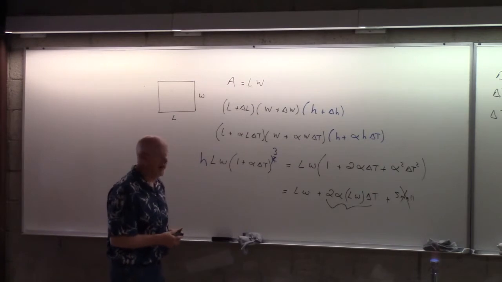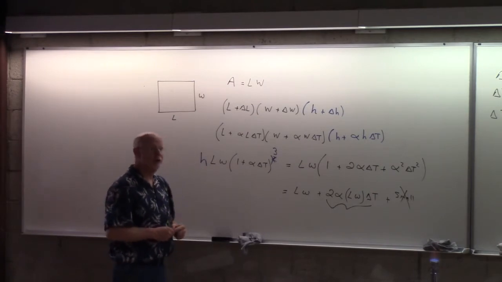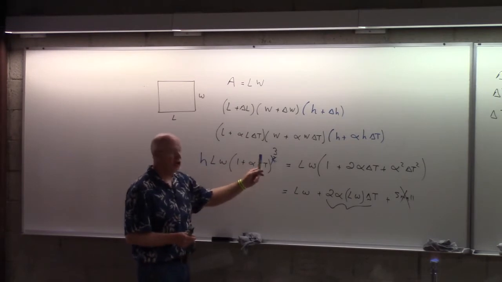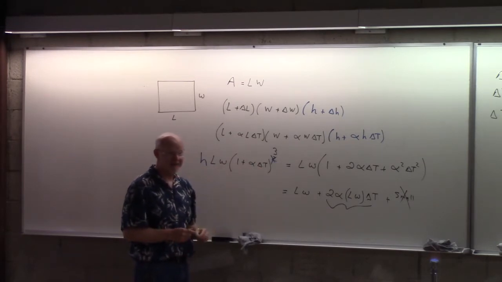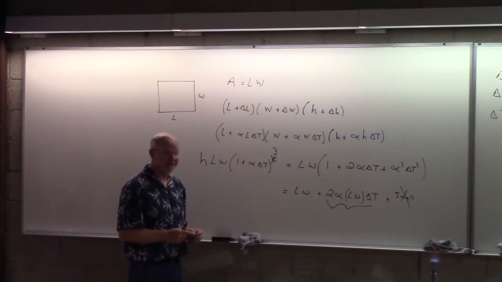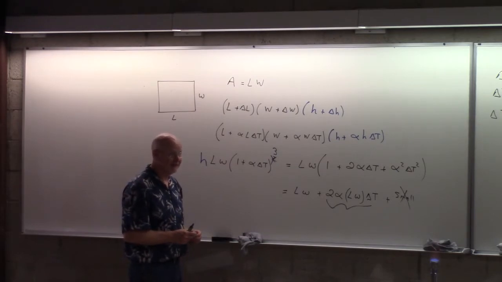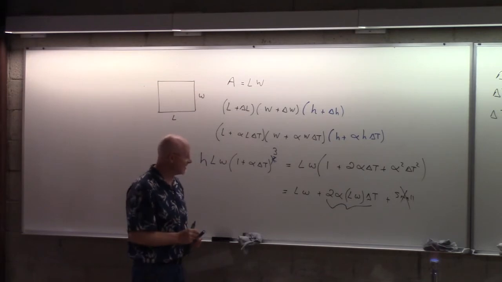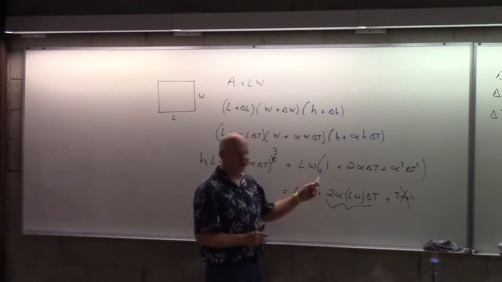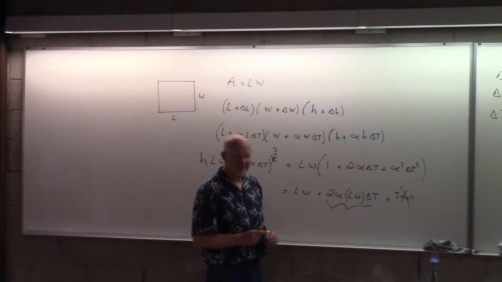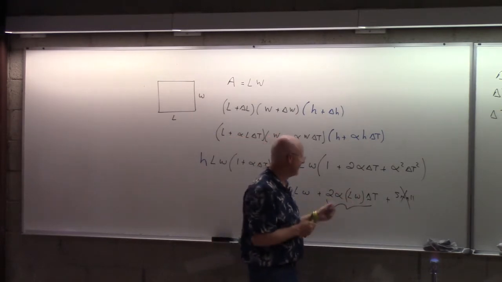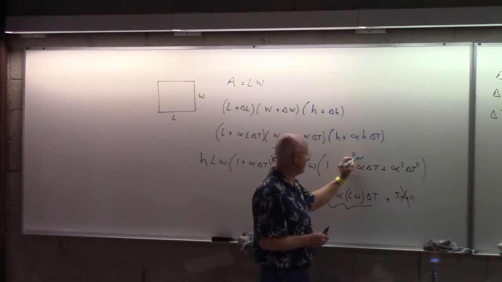Well, here's where maybe the math gets a little harder. Do you remember what a plus b cubed is? I'll let you think it through. But I will tell you this. The first term will be a 1. The second term will have a 3 alpha in it.